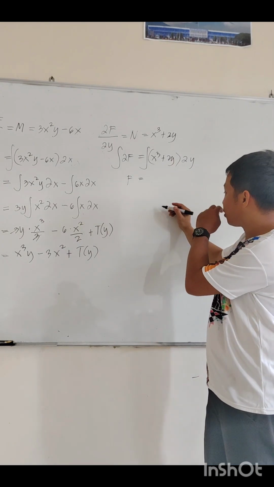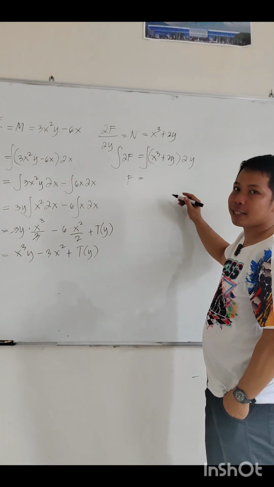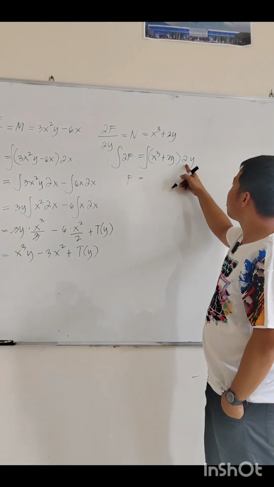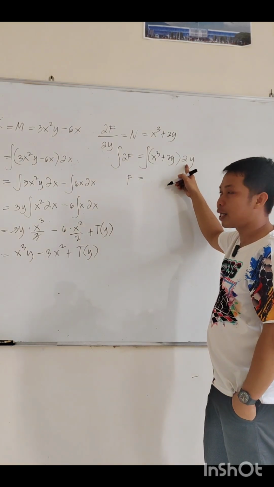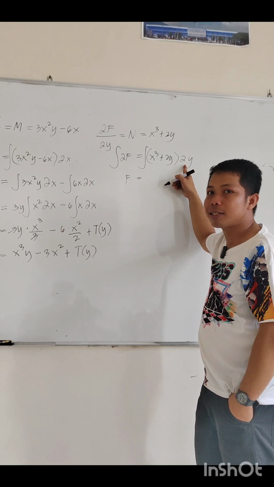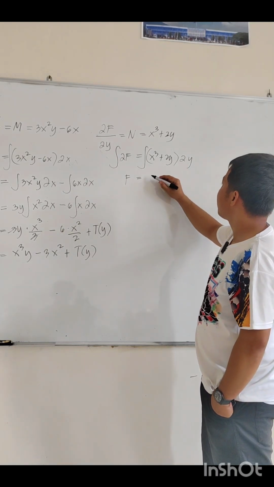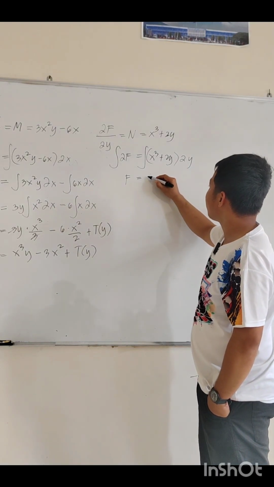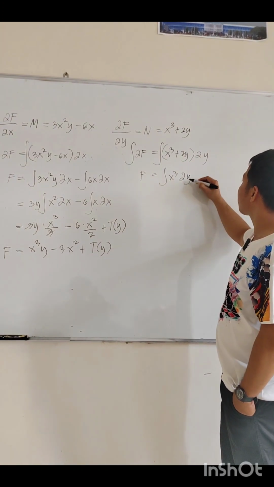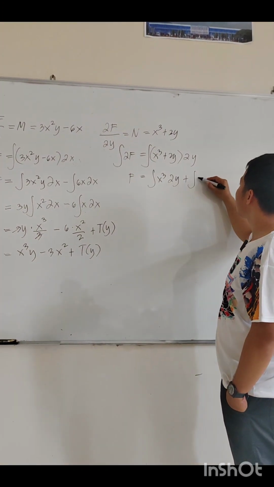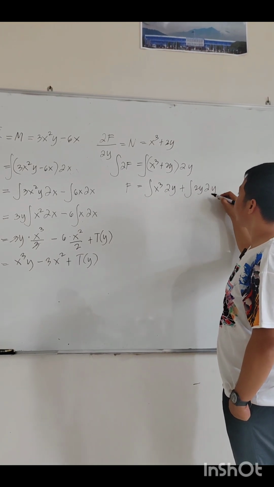Pwede natin siyang i-decompose o isa-isahin term by term. So, please take note na we are integrating with respect to y. So, ibig sabihin si x ay treated as constant. We have the integral of x cubed partial with respect to y plus integral of 2y with respect to y.